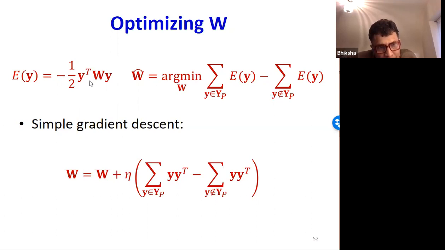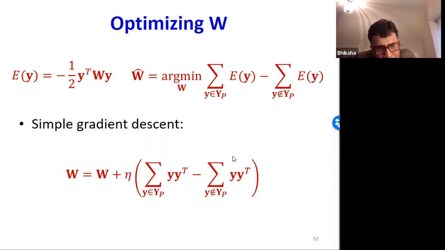The derivative of E of Y with respect to W is simply going to be YY transpose, or actually minus YY transpose. So that's why this becomes a plus. And so you end up with W equals W plus eta times the sum of the outer products of the patterns you're trying to store, for all of the patterns you want to remember, minus the sum of the outer products of Y for all of the patterns that you don't want to store.